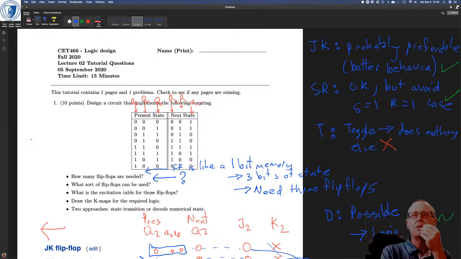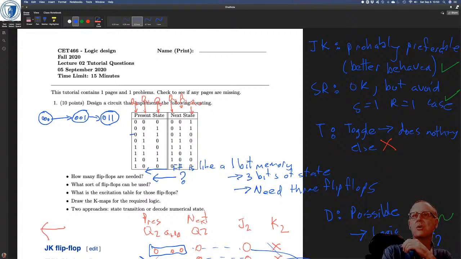So what we're trying to do is a state transition that goes from state 0, 0, 0 to 0, 0, 1. And then we want to go from 0, 0, 1 to 0, 1, 1, right? That's what this line is telling us.